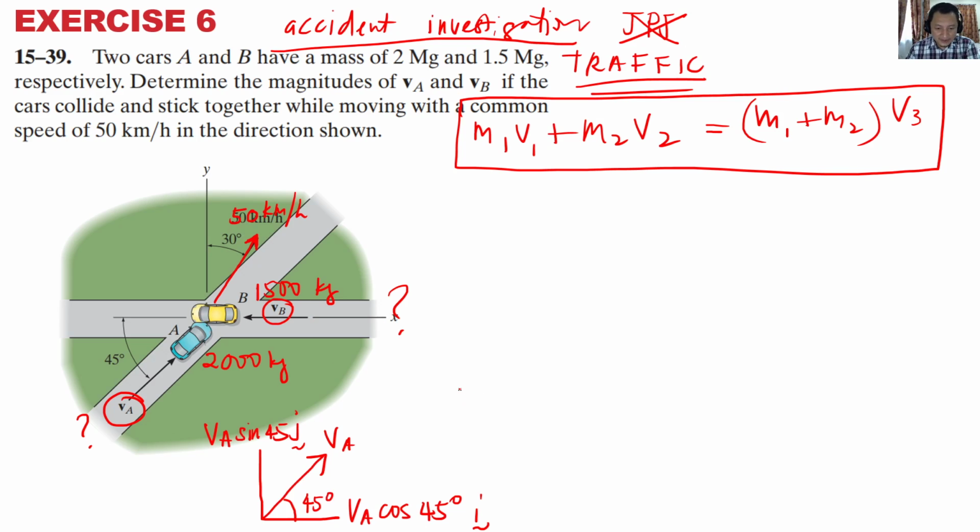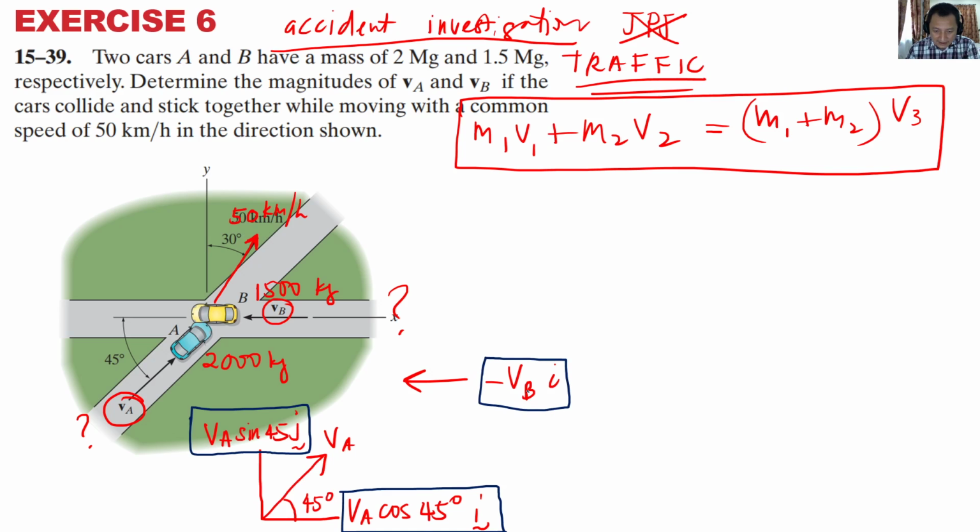This guy was going like this, so VB i, or actually negative VB i. You have to solve like that. You have to use vectors. This is the vector for VA, this is the vector for VB.